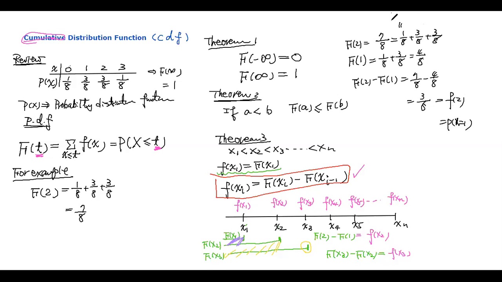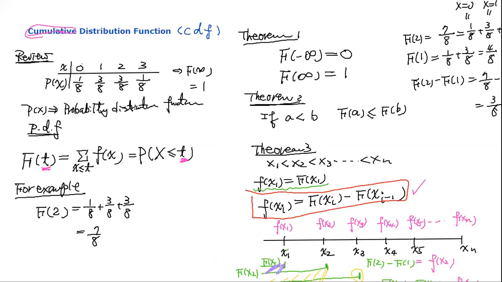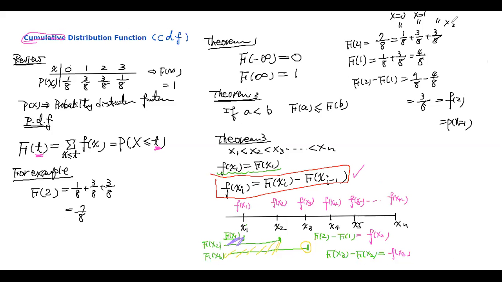So this one is x equal to 0, x equal to 1, x equal to what? X equal to 2, right? So when you use F of 2 minus F of 1, that's what happens here. You got f of 2. I'm sorry, this is x equal to 2, right? So that's what you get, 3/8 here.